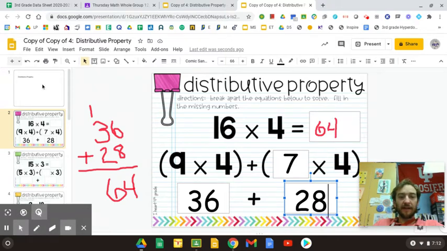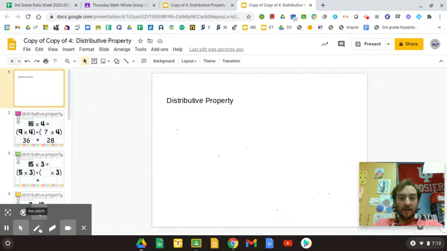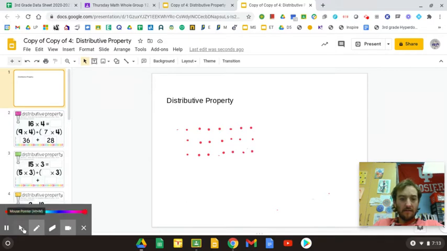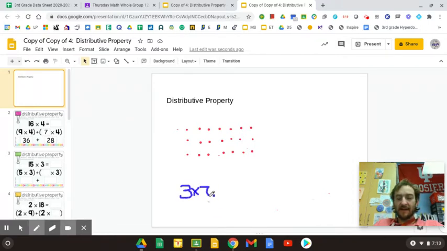And one way we can think of this is by looking at an array. So let's draw a 3 by 7 array. And what you do is we have 3 times 7. I want to take this 7 and split it up to make it easier.